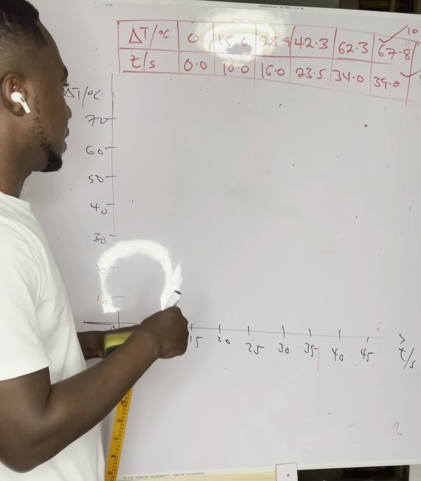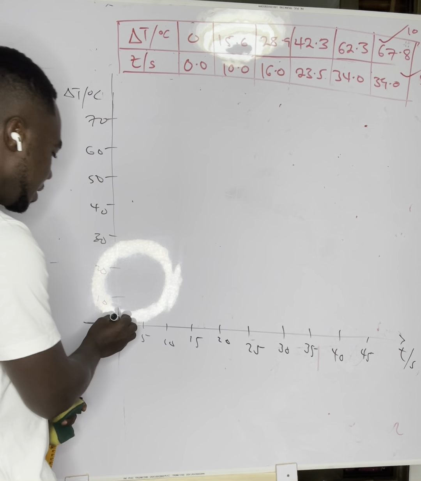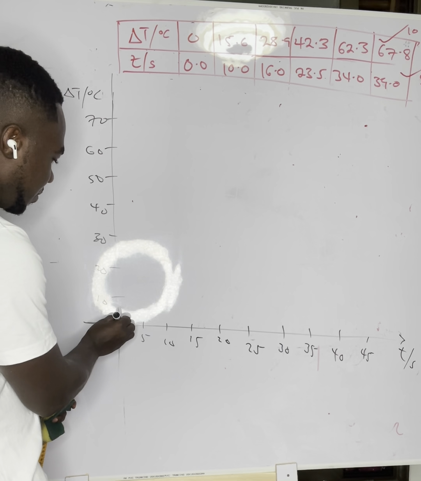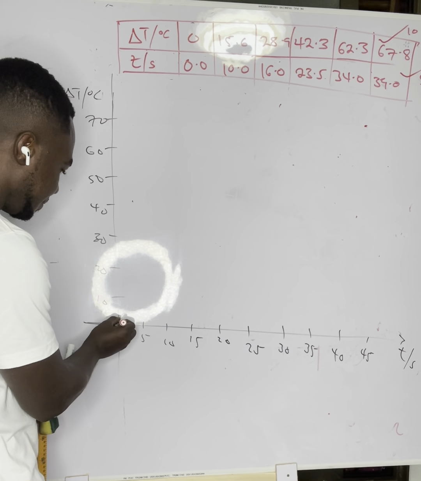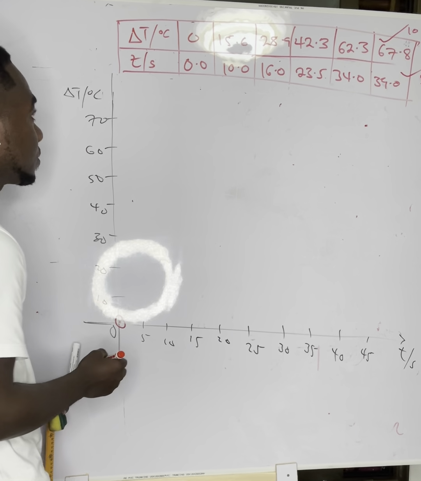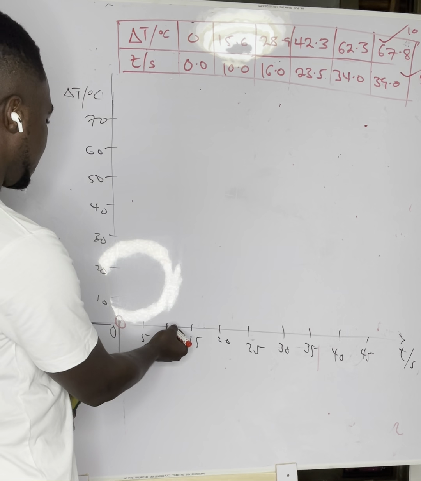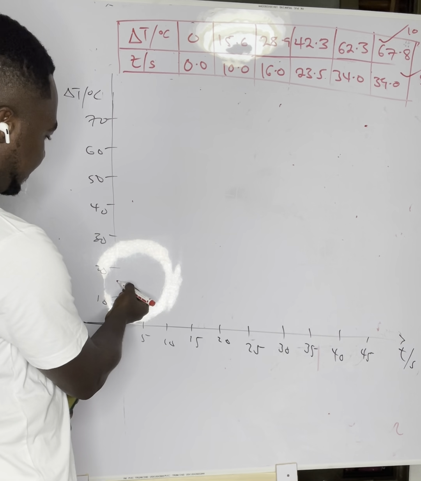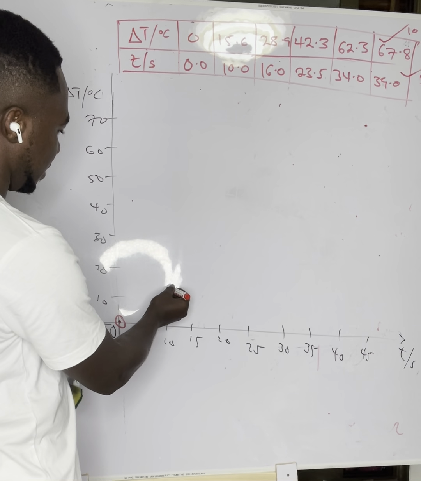Okay. So first, 0 against 0 on the origin. So 0 against 0 will be somewhere here. Let me use a red marker. 10 on the x-axis against 15.6. 10 here, 15 will be somewhere here, so 0.6 somewhere here will be okay.